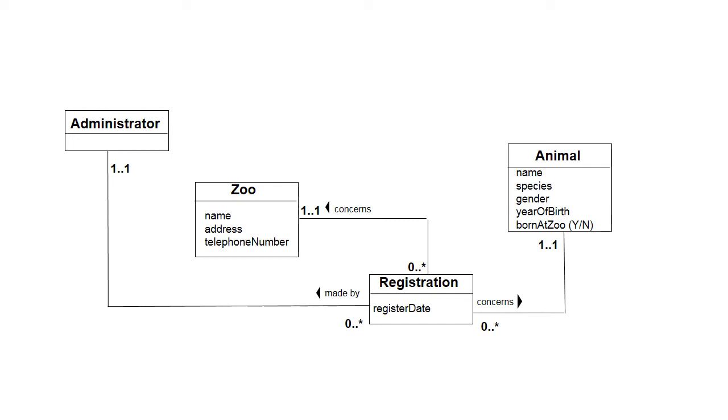So the registration represents business events happening in the business, and these usually have this pattern of multiplicity. They have 0 to many towards them, and they have 1 to 1 from that class to other classes.